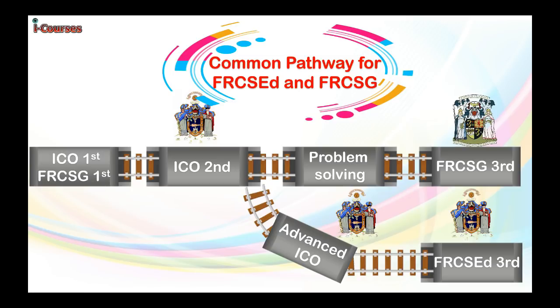So these were the new regulations between the ICO and Edinburgh. As you can see now, the second ICO is a common station between the FRCS Glasgow pathway and the FRCS Edinburgh pathway. So if you have the ICO, you can now proceed to either track, Glasgow or Edinburgh, to achieve your goal.